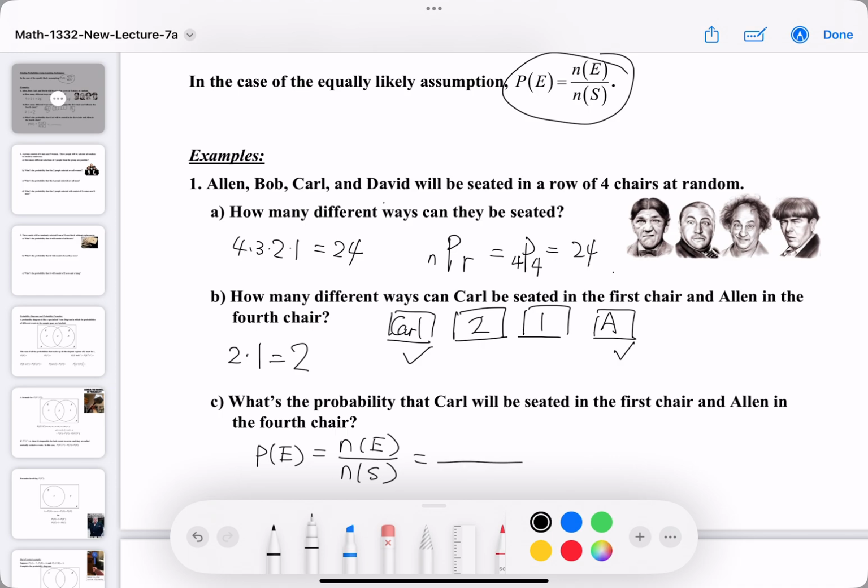The sample space means 4 people sitting randomly, and the total number of different orders in the sample space is 24. The top is how many ways Carl can be in the first chair and Alan in the fourth chair, which is 2. Simplifying 2 over 24, we get 1/12.